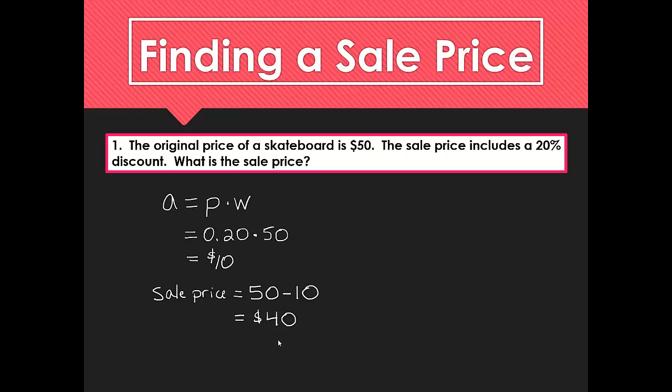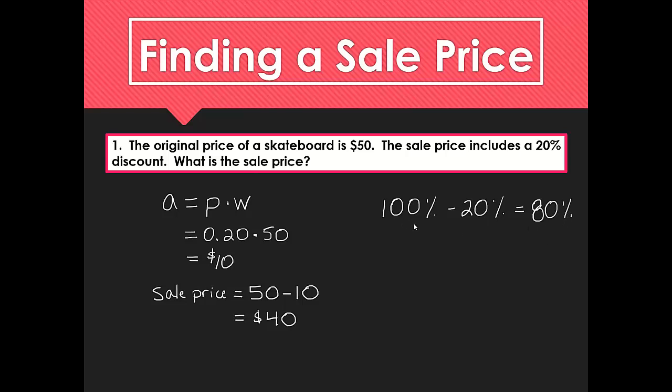There's also another way that we can look at this problem. If we pay the original price, which is $50, we would pay 100% of the original price. If we have a 20% discount, we can subtract 20% from 100, and we would find that we are actually going to pay 80% of the original price.